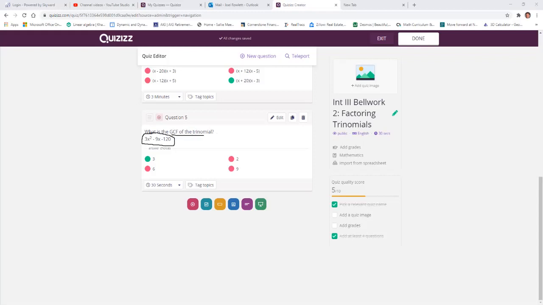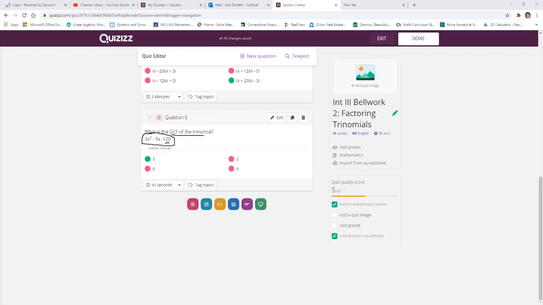Well, I can't take out an x from all 3 terms because the third term is constant. There is no x. But I could take a 3 out, right? Because 3 goes into 3 one time, 3 goes into 9 3 times, and 3 goes into 120 40 times.